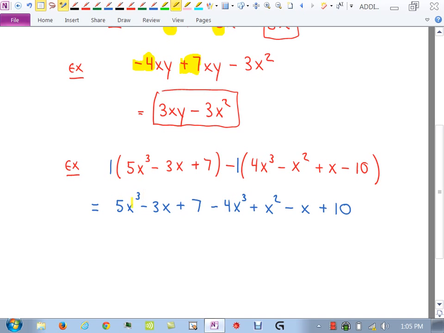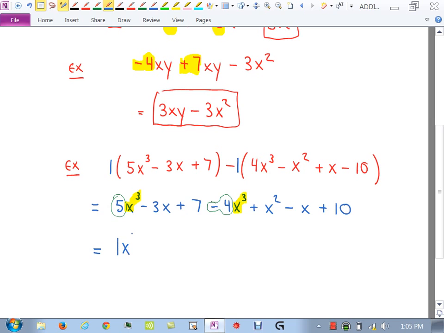And I see x cubed here, x cubed here. So I can look at their coefficients, 5 and negative 4. So I just do 5, I take away 4, right? 5 minus 4 is 1. But then I have to keep the x to the third, don't I? So it'll just be 1x to the third.